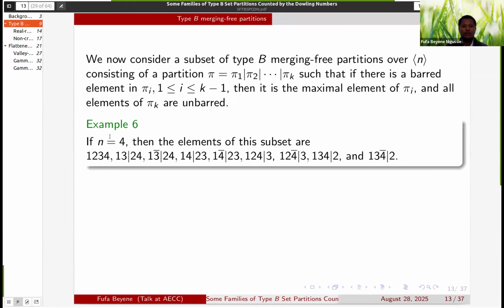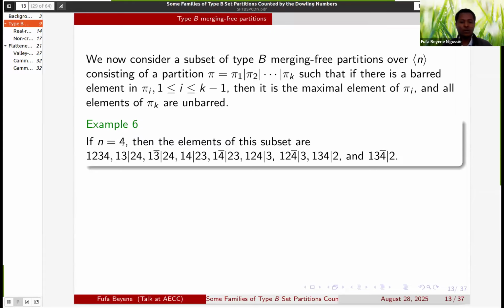For instance, for n equal to 4, the elements of this subset are the following: 1 2 3 4, 1 3 2 4, 1 3 bar 2 4, and so on. Here, there are 9 of them. But in total, in type B merging free partitions over 4, we have 24 of them.